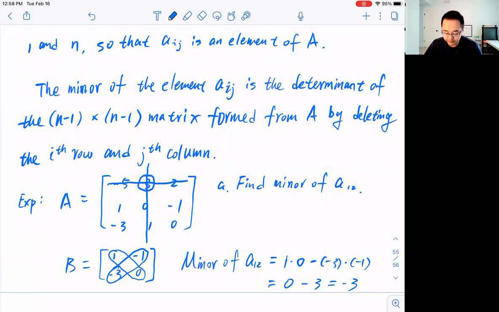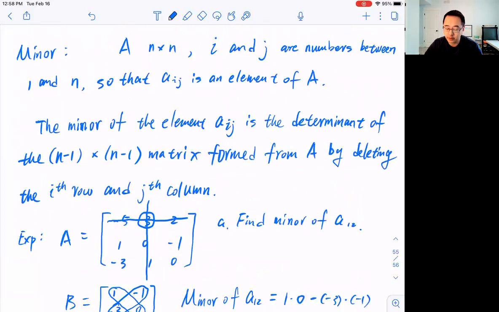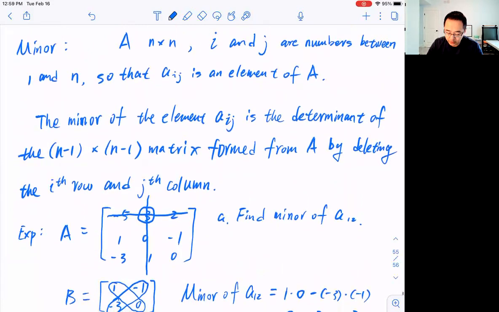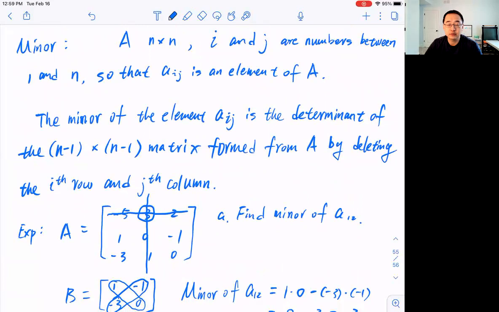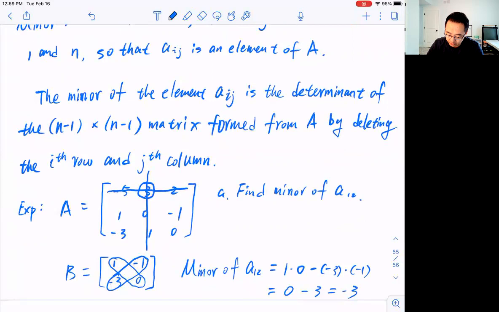Again, we'll use this concept in just a little bit when we try to solve a matrix equation. So keep in mind what it is, just like how you should keep in mind how to find the determinant of a 2 by 2 by now. In a minute we'll talk about how to find the determinant of a bigger matrix.